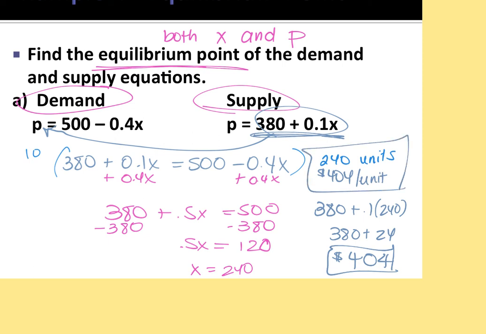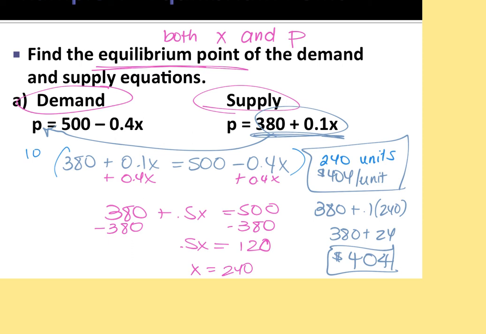So it does not go in coordinate point form anymore. You're actually using this to answer the question, how many units and how much per unit. But how would you say the answer is? On WebAssign, it might even give you a little space, like so many units at price per unit. If it was a quiz or test, you would literally just give me both those things.